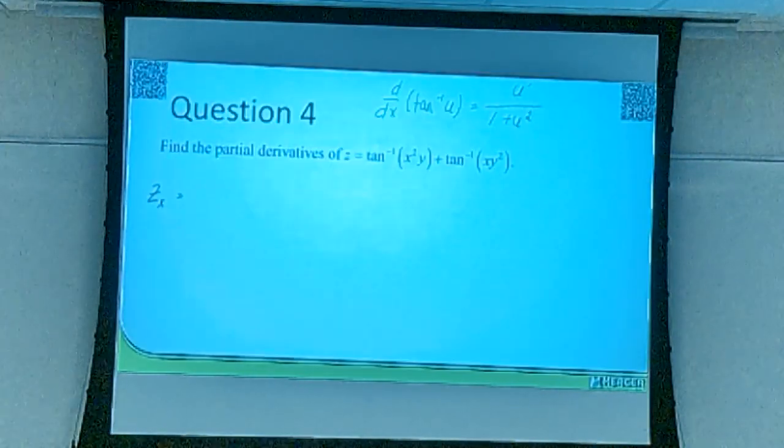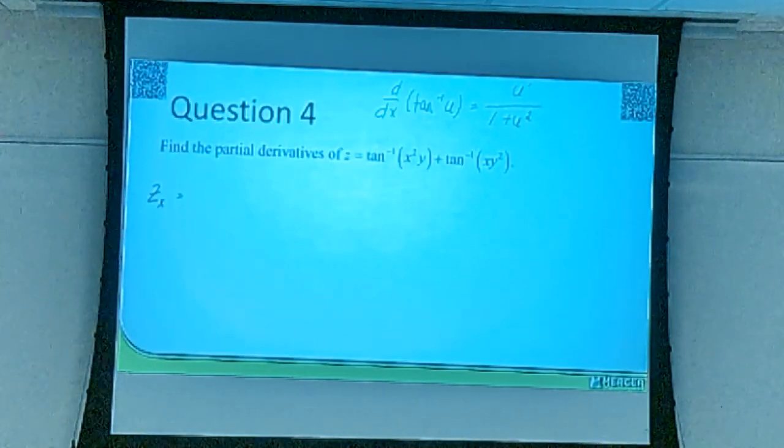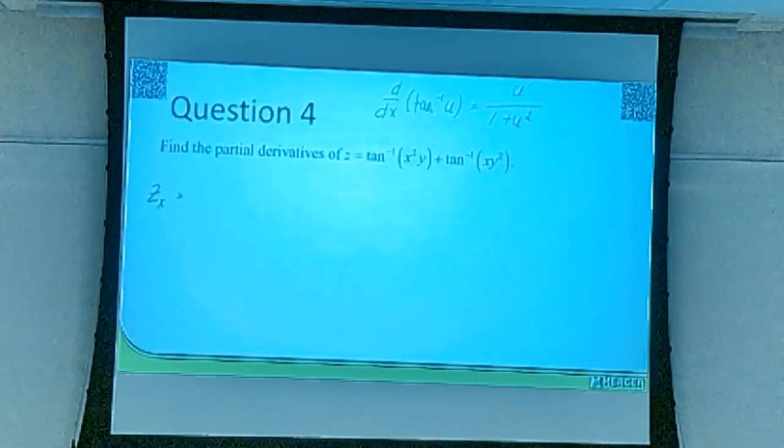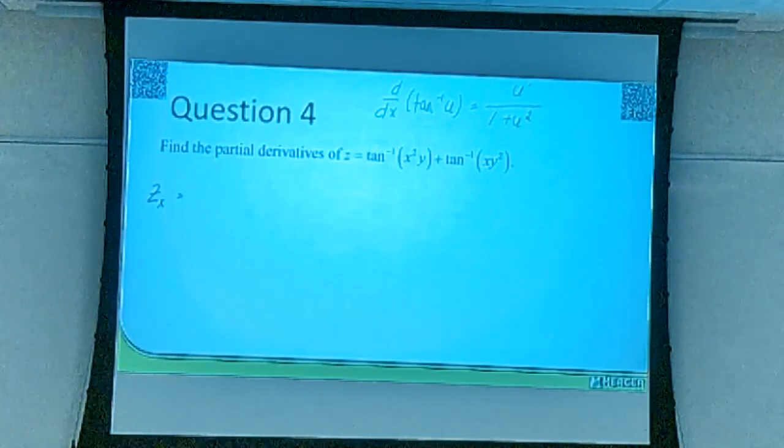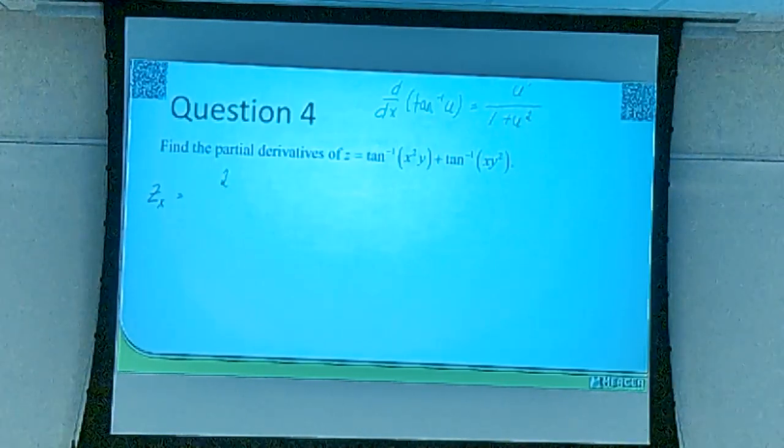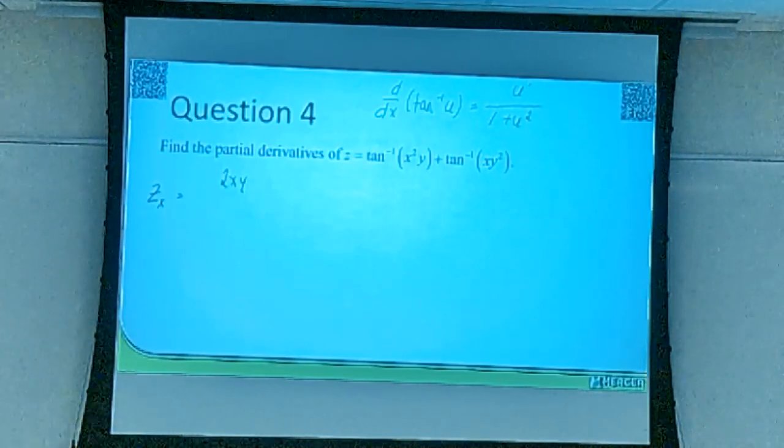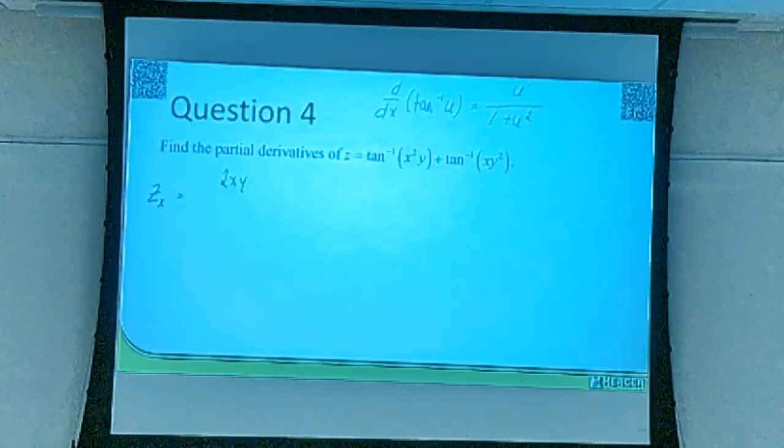Well, you know you're going to need u prime in the numerator. So you're going to need the derivative of x squared y with respect to x in the numerator. What's that partial? Just 2xy. Oh, never mind, they're not being multiplied together.